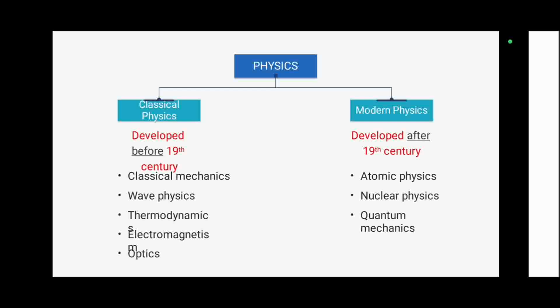In the study of classical physics, there are some categories: classical mechanics, wave mechanics, thermodynamics, electromagnetism and optics. And then modern physics, developed after the 19th century: atomic physics, nuclear physics, and quantum physics.